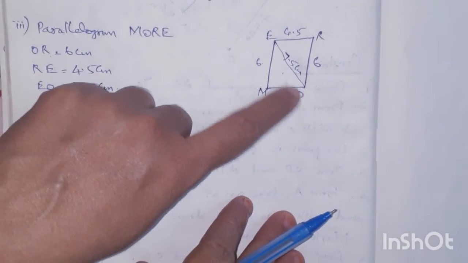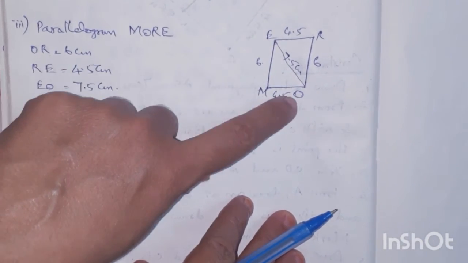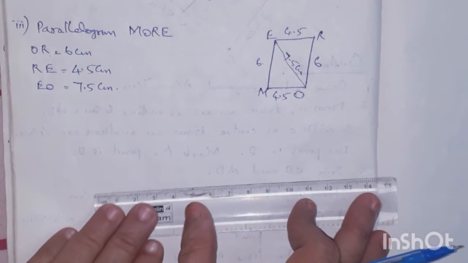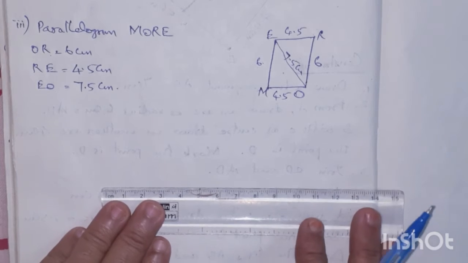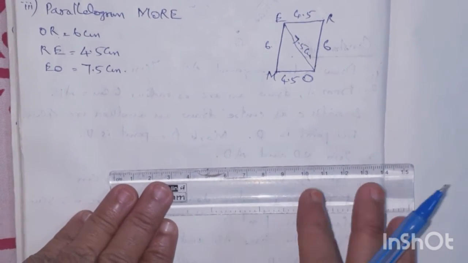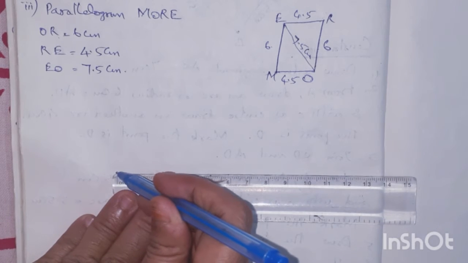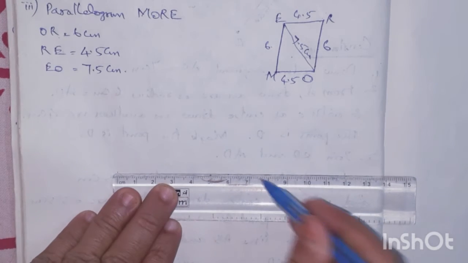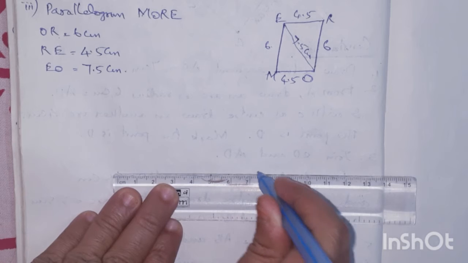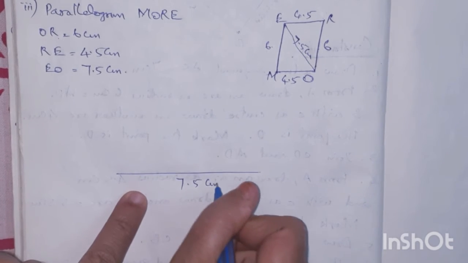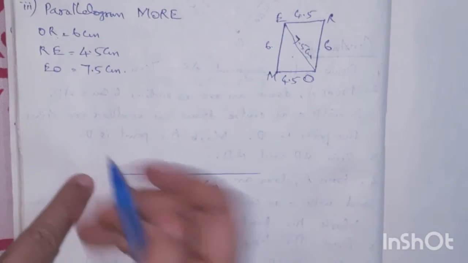First we have to draw this diagonal 7.5 centimeter EO. 7.5 centimeter, that is EO.